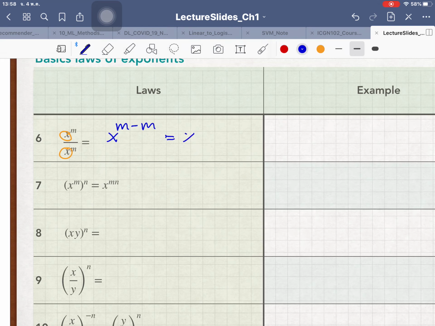M minus m gives you 0, so that's why we get just 1. So when both terms have the same power and the same base, the result will give you just 1.